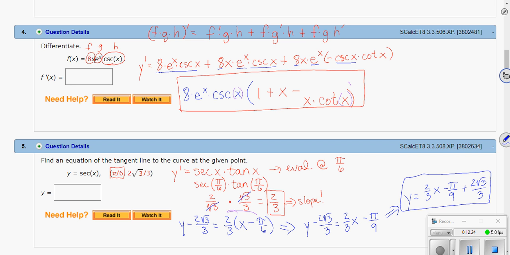We can't really combine the pi over 9 and the 2 root 3 over 3. We could try to get common denominators, but we're still going to have 2 terms in the numerator, so it's kind of a moot point. Okay, hope that helps. Now, I want to jump to question 8.